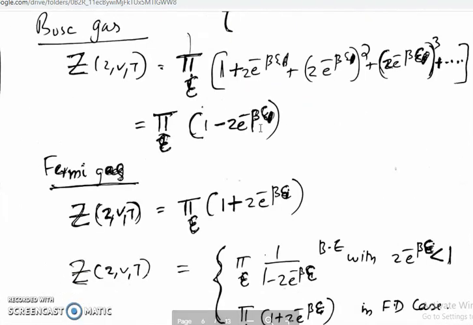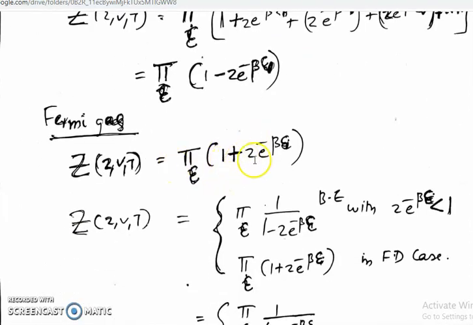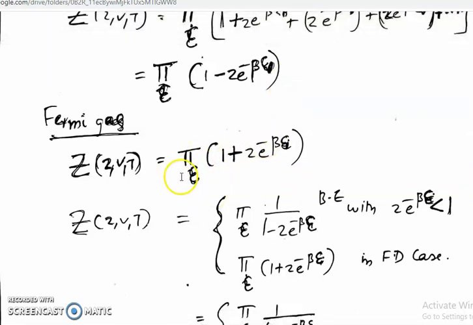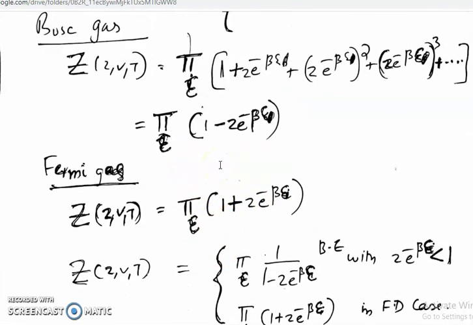So pi epsilon 1 plus z e to the power minus beta epsilon. You might be wondering what this epsilon is, the product over epsilon. It is the different single particle energy states. We have to take the product over the different single particle energy states.